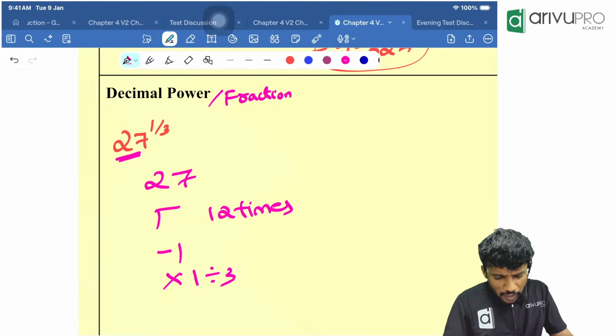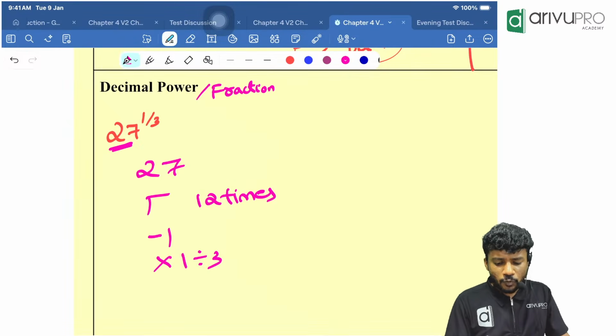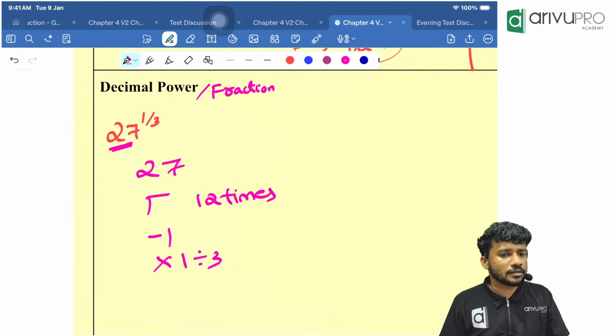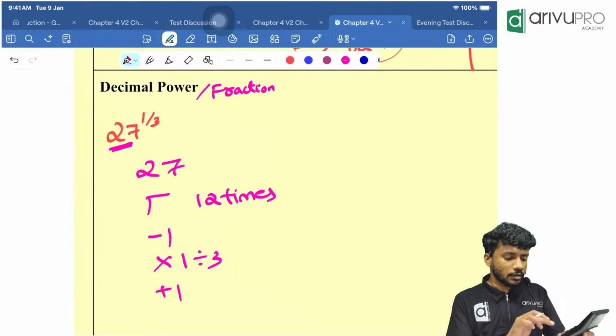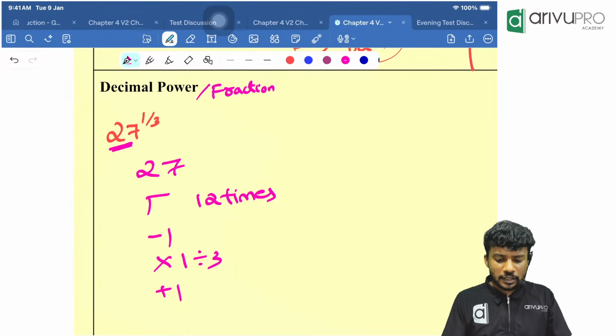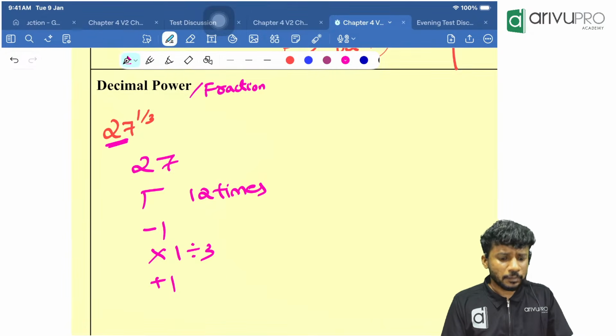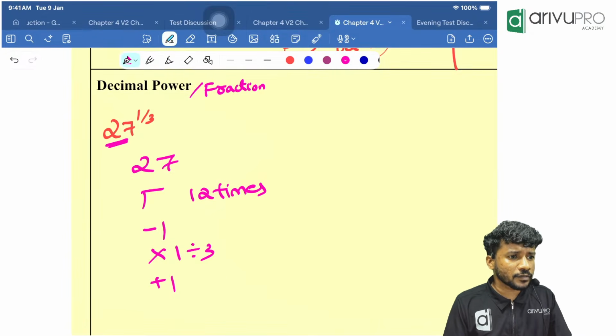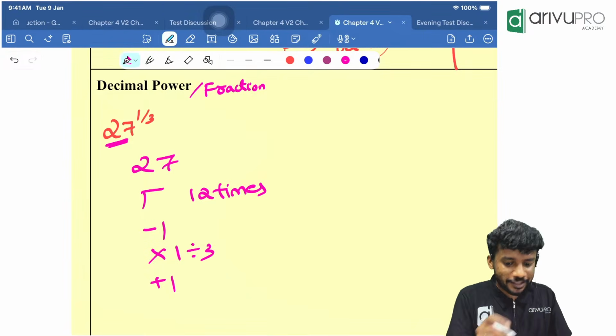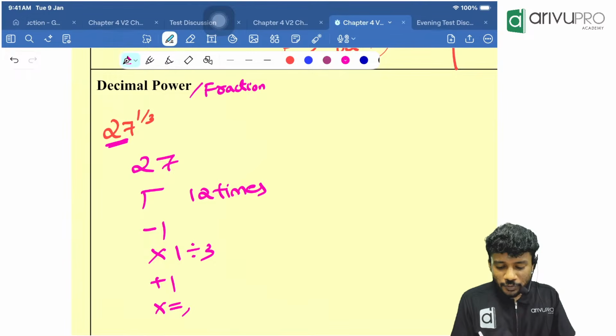Then what we are going to do now is the opposite. What is the opposite of minus 1? Plus 1. Type that plus 1. Then what is the opposite of square root? Square. Correct. That means multiply and equal to.